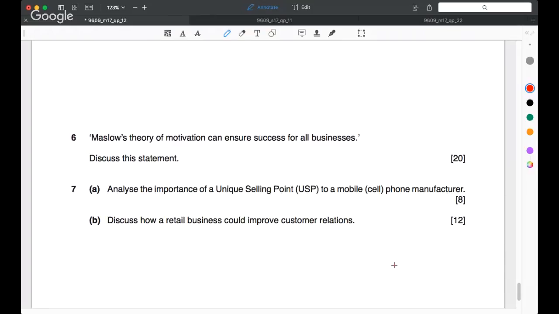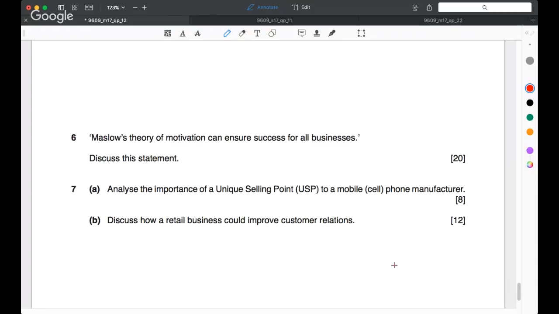Well, quite clearly, very important. Take the unique selling point of an iPhone over a Samsung 8, for example. So the marketing aspect of a USP is very significant. You need to have product differentiation to gain a competitive advantage.